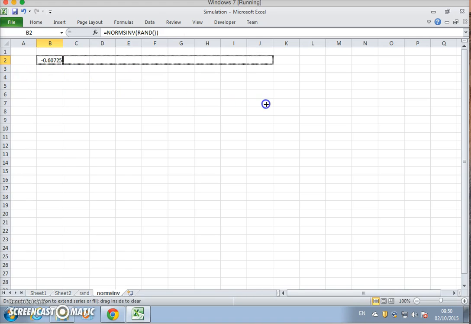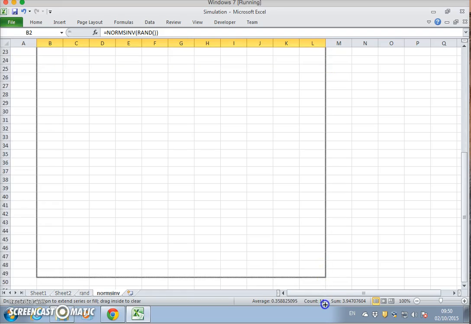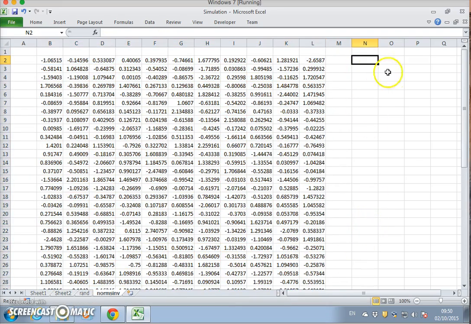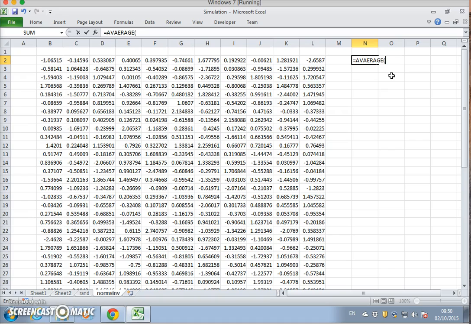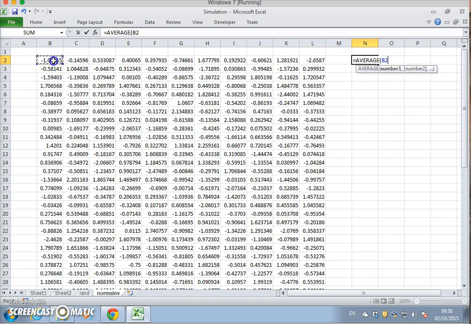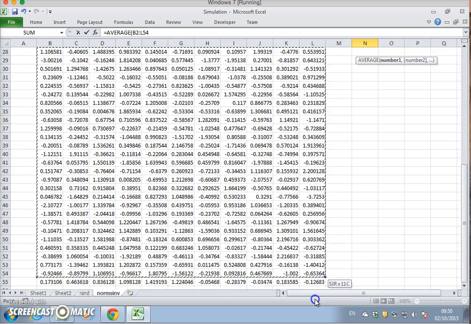So let's take this range of values again, and we can pull down, and then we can say, okay, what's the mean? Well, if it conforms to a standardized normal distribution, then the average of this should be 0.